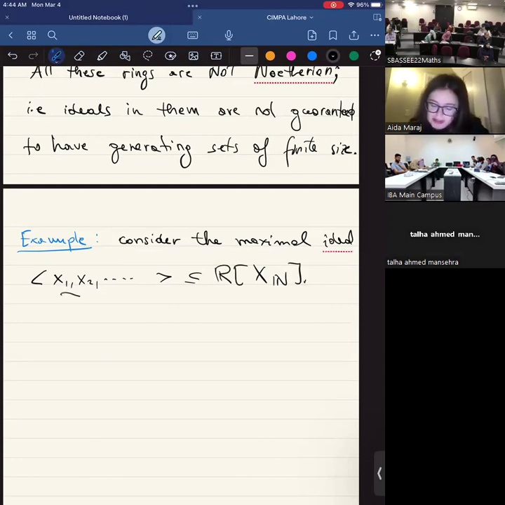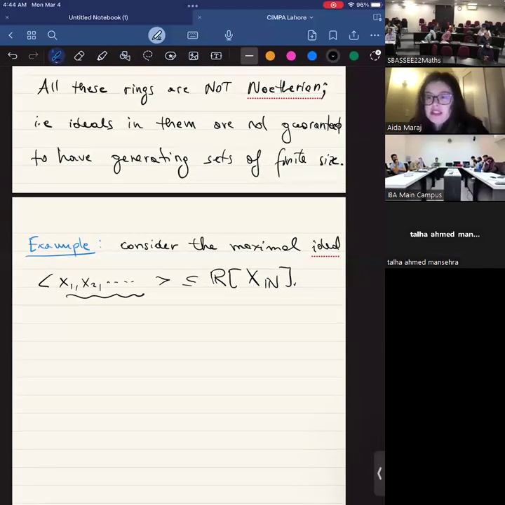So how many elements are in the generating set? We see there are infinitely many elements, but there is no finite set of polynomials that can generate this ideal.